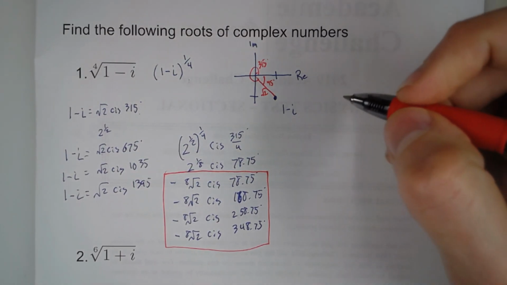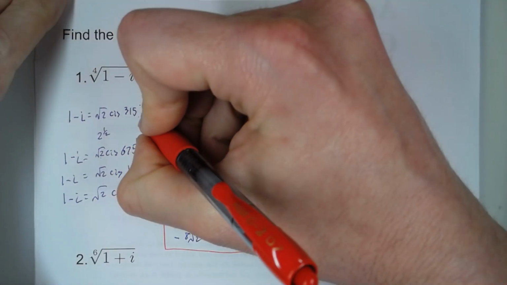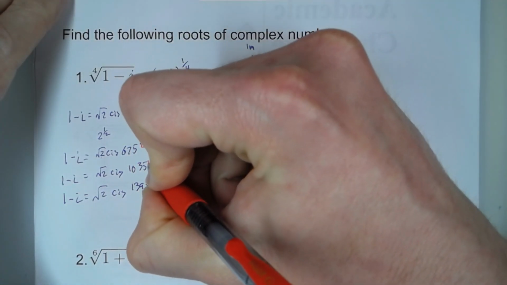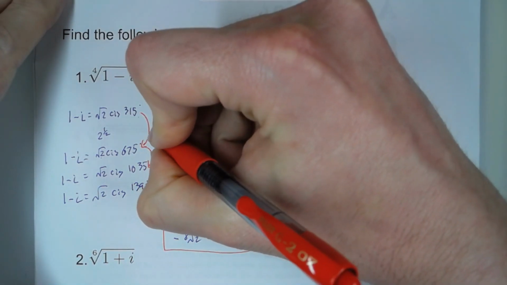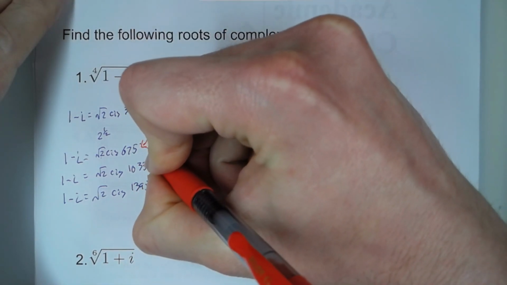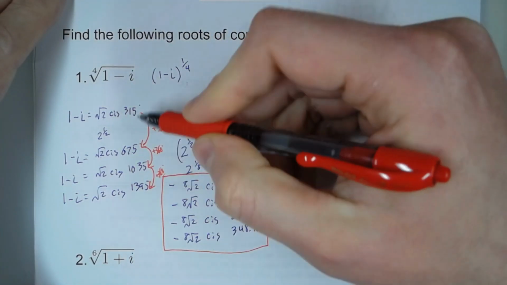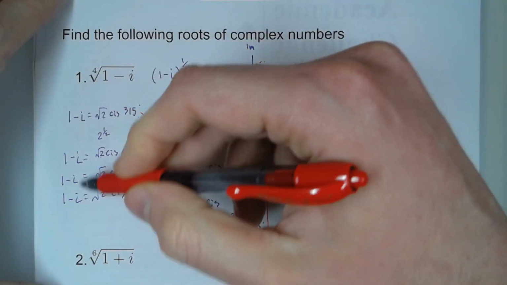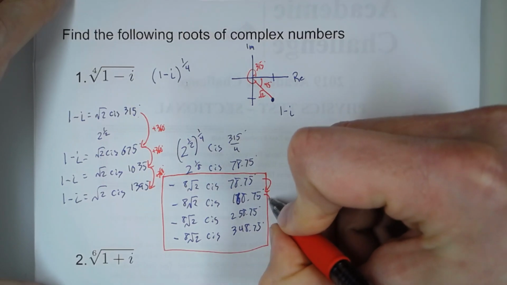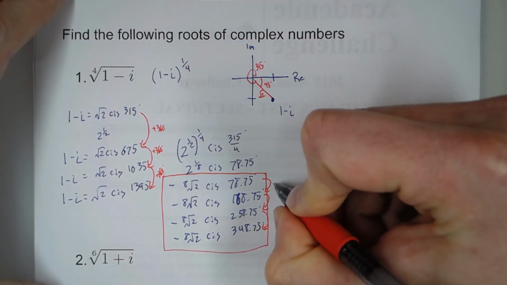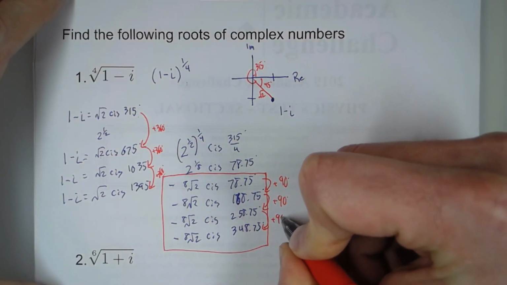Now there's a little theorem called De Moivre's Theorem which sort of summarizes this information. And basically what it says is, if you notice here, all of these differ by 360. And because they differ by 360, they're all essentially equal to the same thing. But when we take the fourth root, now they differ by 90 degrees.